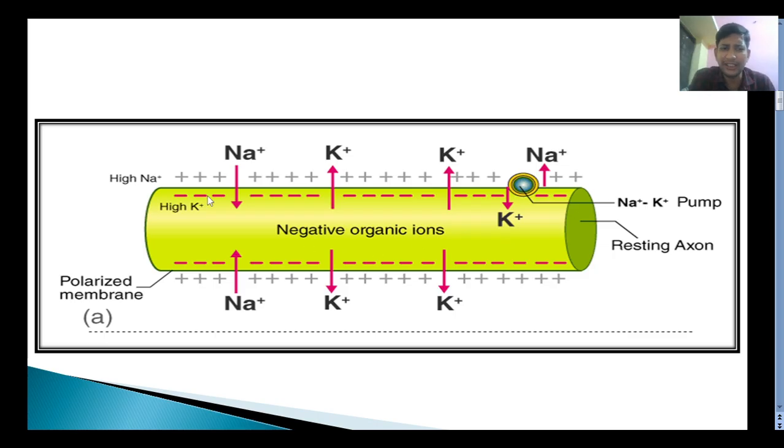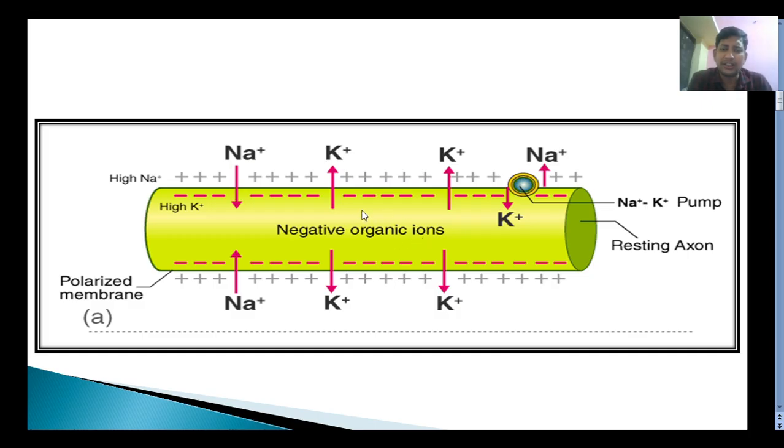Now, as I just told you, there is a high concentration of Na+ and low concentration of K+ outside the axon. Whereas in the axoplasm, there is a high concentration of K+, low concentration of Na+, and high negatively charged proteins.